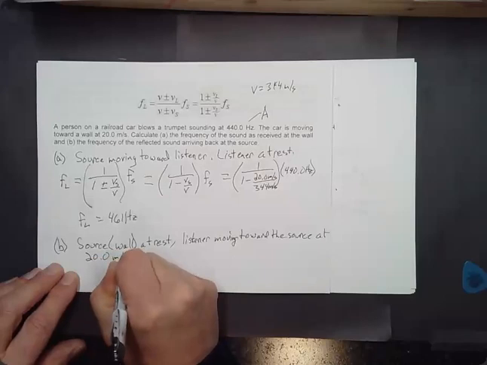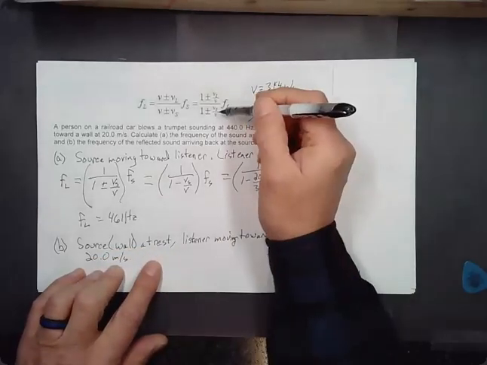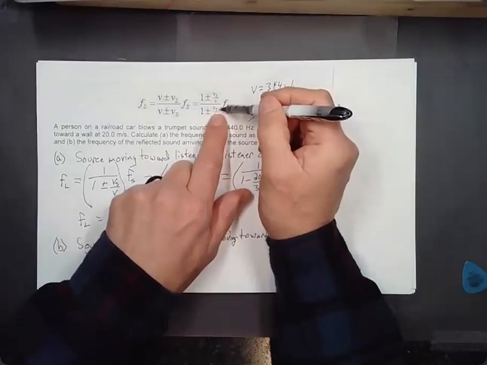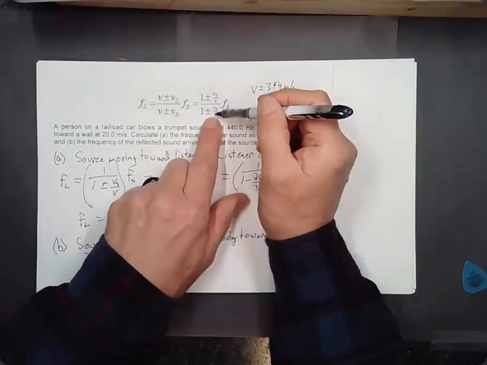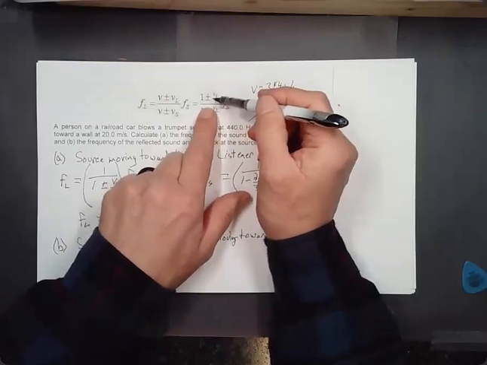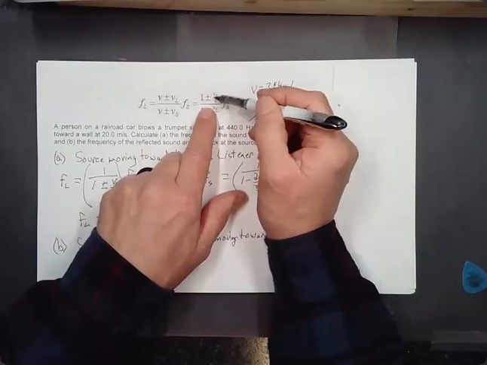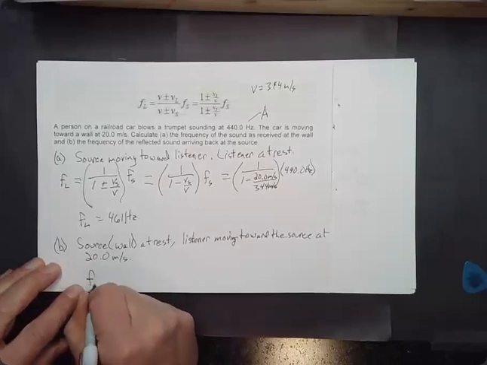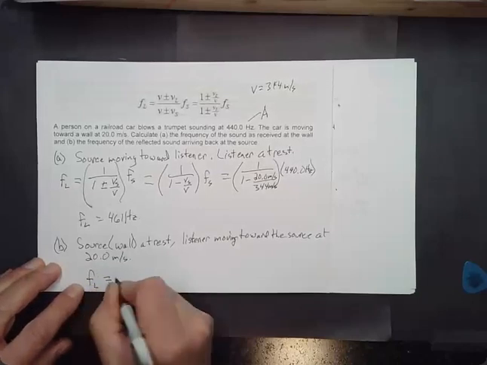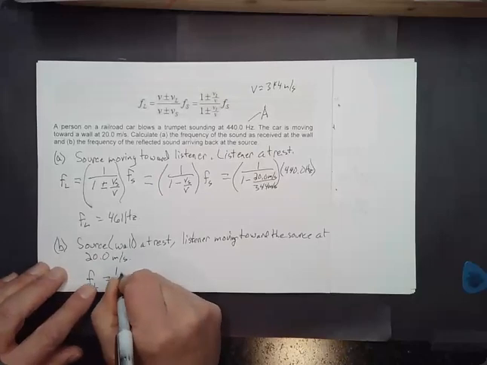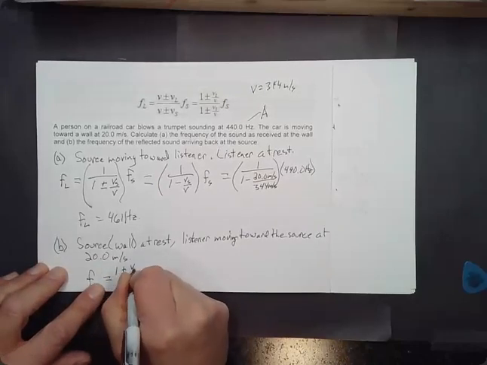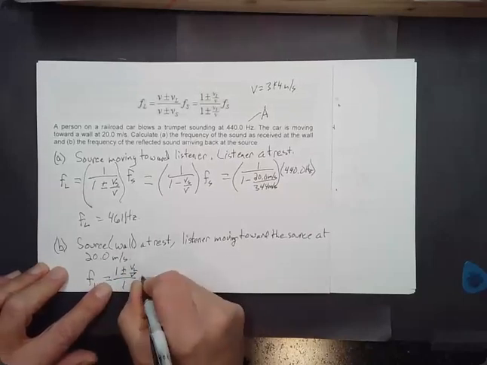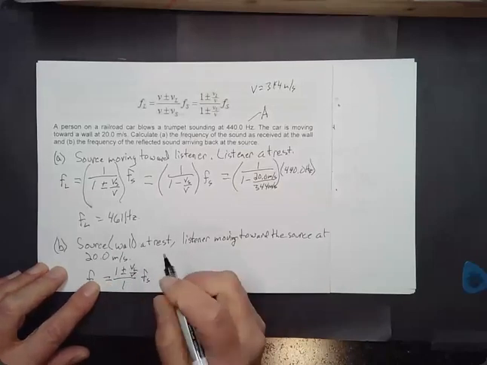again at 20.0 meters per second. Okay, so if the source is at rest, this Vs over V in the formula is 0, because Vs is 0. So we just have a 1 on the bottom, and on top we'll have 1 plus or minus VL over V. Generically, the formula looks like the frequency heard by the listener is going to be 1 plus or minus V sub L over V divided by just 1, and then we multiply that by the frequency of the source.